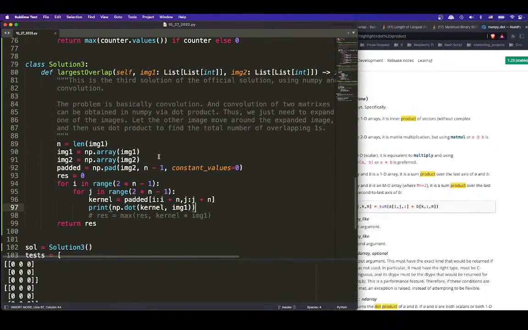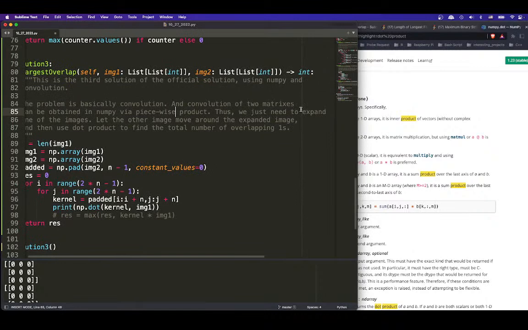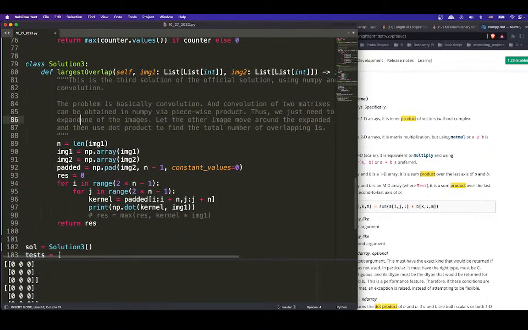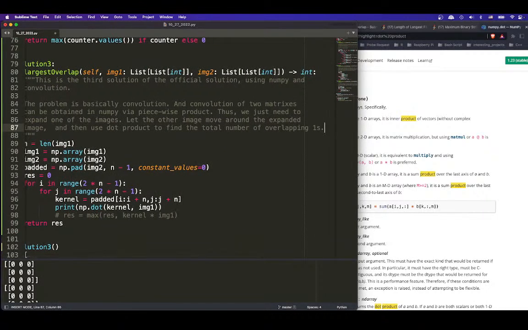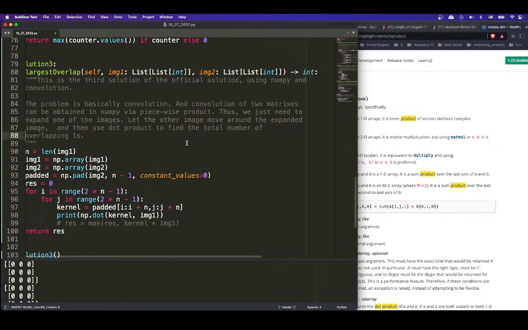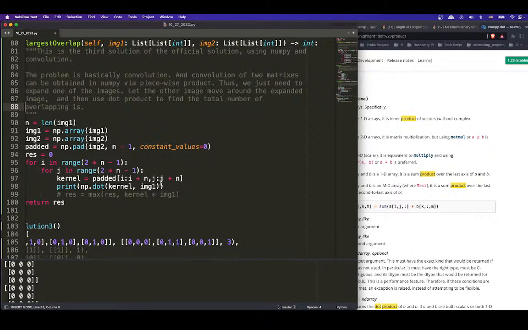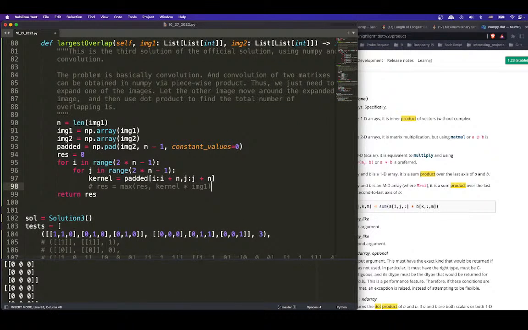It's piecewise, right? It's piecewise product, which can be achieved by using just the multiply symbol. Okay, so we have to multiply and we have to get a sum. Fine, I'm okay with it.